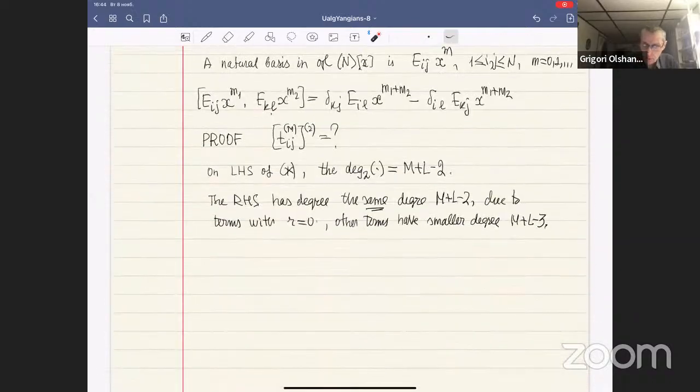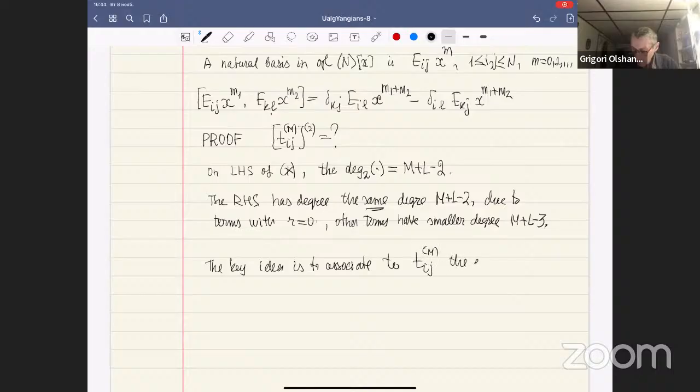So the key idea is to associate to the generator an element. It's not a rigorous proof, because we also have to check that the obtained elements.